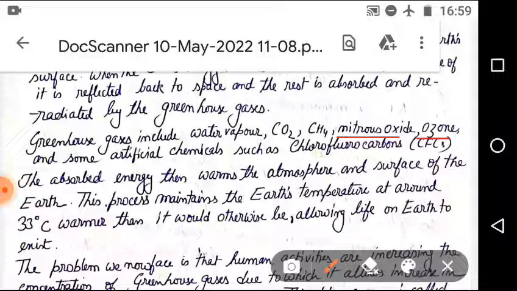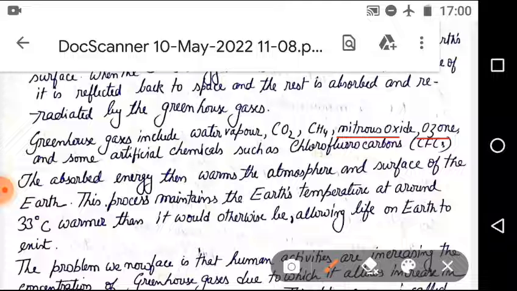We need ozone gas to protect the earth from the harmful ultraviolet rays from the sun. But excessive ozone, if it occurs on the land surface in the form of ground level ozone, what we call smog, is very harmful. It also contributes to the global warming issue.